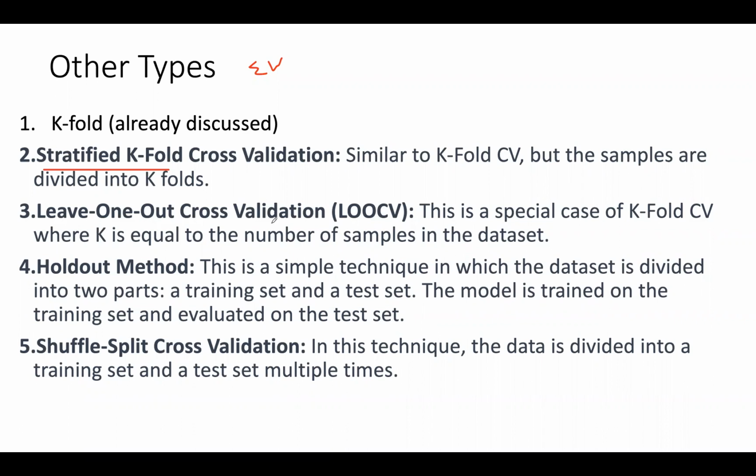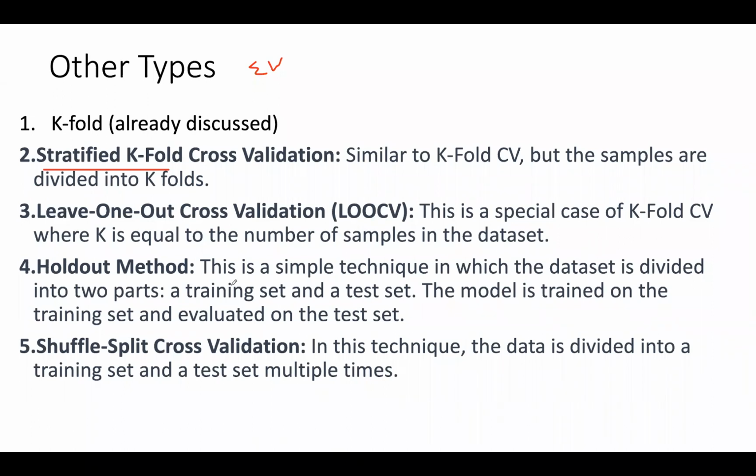Then leave-one-out cross-validation is a special case of K-fold CV, where k equals the number of samples in the data set. This is the most comprehensive type of cross-validation. However, it's very computationally expensive, so just keep that in mind.